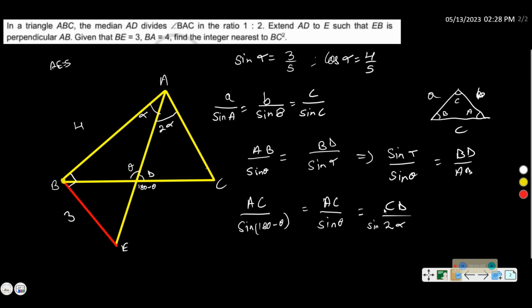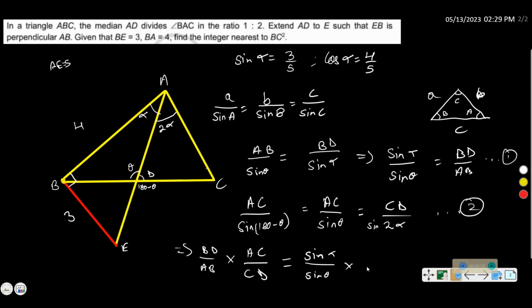Now we can divide this equation 1 by this equation 2, and we would get that BD by AB into AC by CD equals sine alpha by sine theta into sine theta by sine 2 alpha.